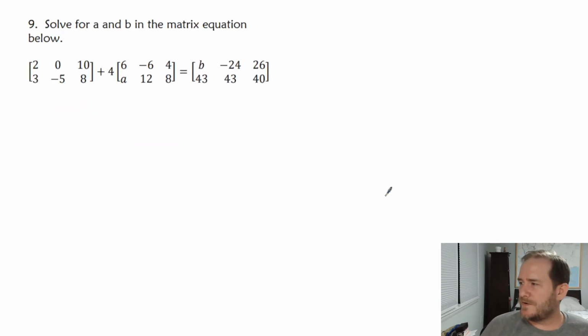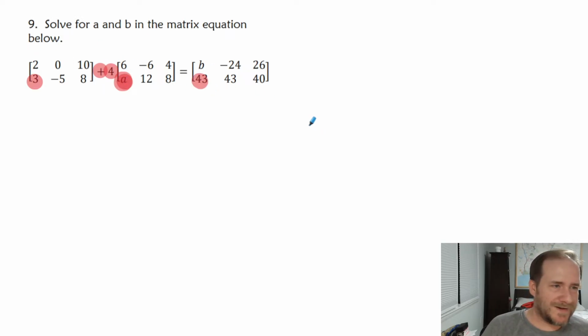Number 9. This is a little different. I don't think there's anything quite like this on the actual quiz, but I'm asking you to solve a matrix equation. If you're solving for A, and this is just matrix addition, then 3 plus 4 times A would equal 43. None of the other entries matter at all, because with matrix addition, the only entries that really interact with one another are the ones in the same positions.